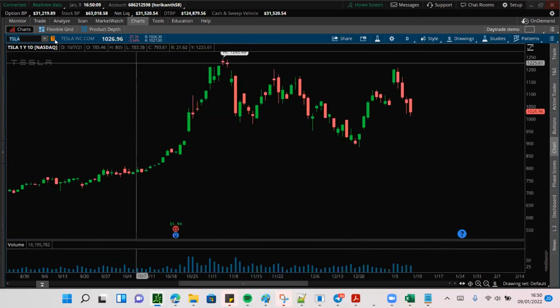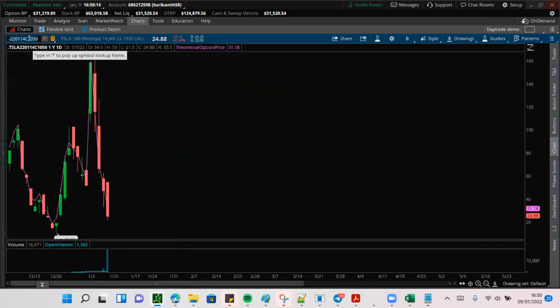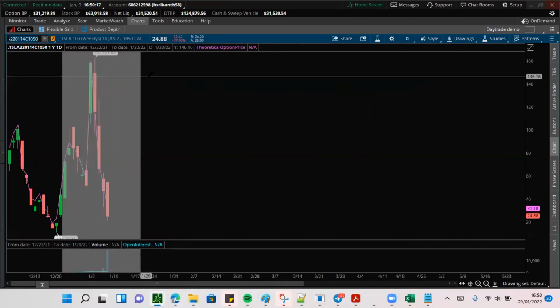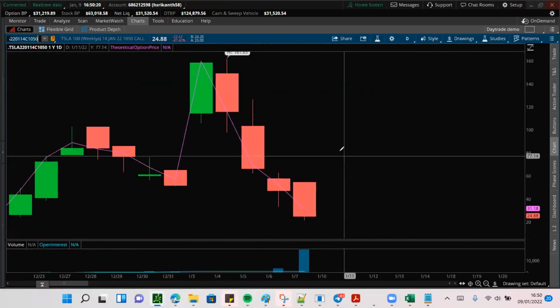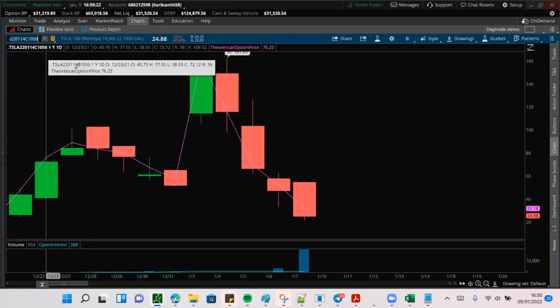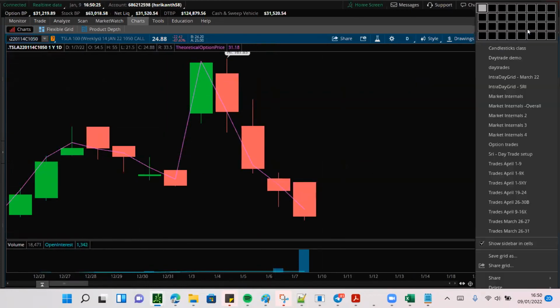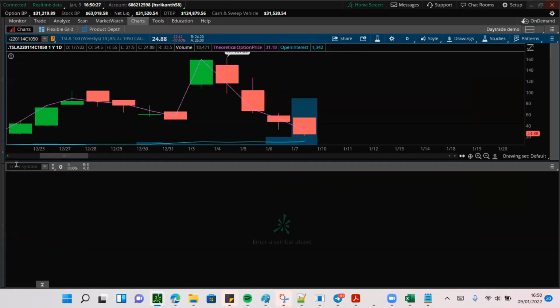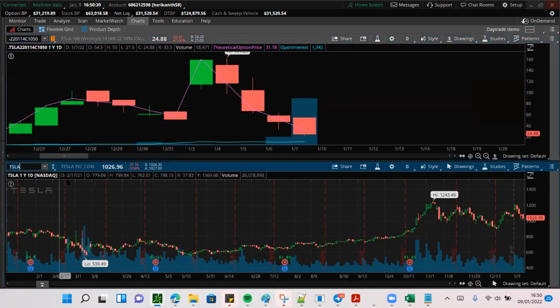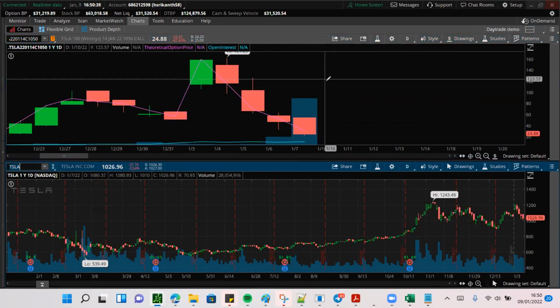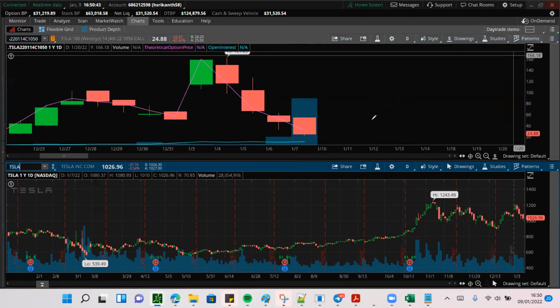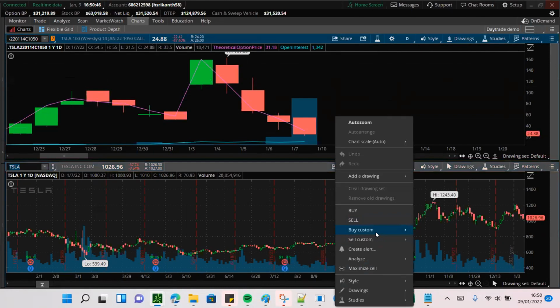Based on that, you can just choose the premium level. So this is the premium, around $25. I want to buy the Tesla 1050 calls whenever the Tesla stock goes above 1040. So I'll go right here on the option premium and right click buy.